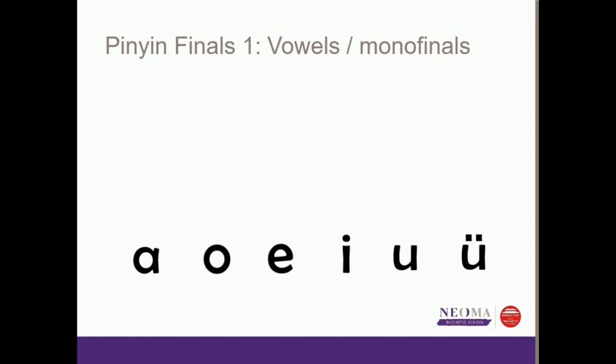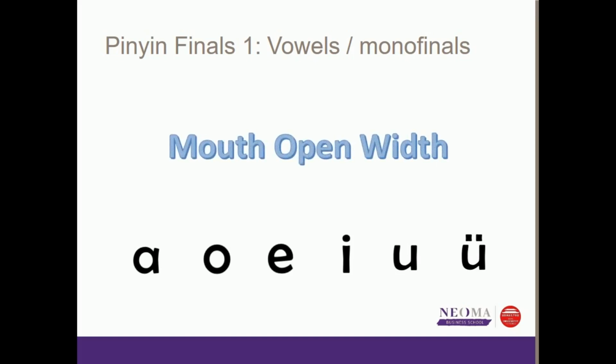Very good. Now, can you, based on the way of the pronunciation, tell me what's the regulation between these 6 vowels? Why in this order? Smart as you are, you already found the regulation. I mean, this order is based on how wide the mouth opens.